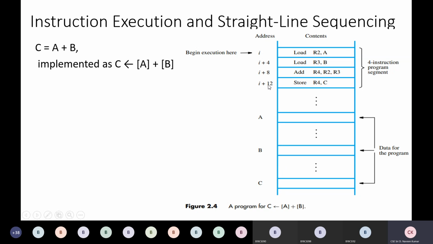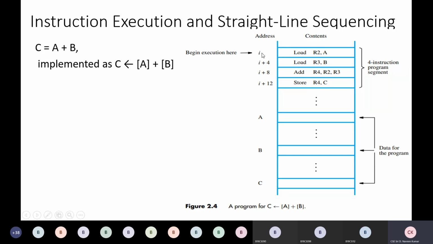Now we got the answer from yesterday's class. The thing is, this is 32 bit, that is 4 bytes. That is why 4 gets added here, you see. So this one is 32 bits, or we can say 4 bytes. After 4 bytes we have another address.